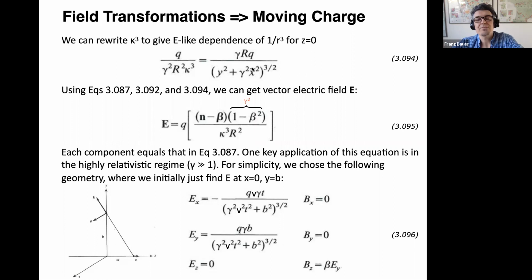If we don't have any motion, then this goes back to x squared, and, let's see, this should be right. Yeah, so this would be r, this would be r to the third, and so we end up with q divided by r squared. So we should end up returning back to Coulomb's law for the idealized case that we don't have any relativistic different frames, anything like that. Okay.